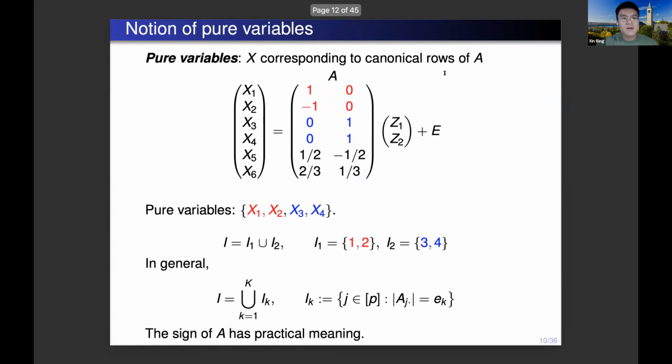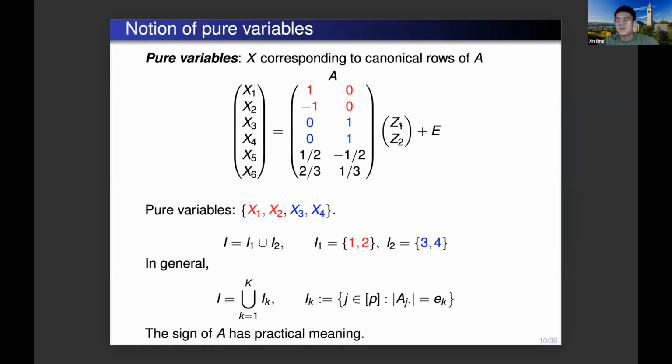So before moving on, I want to bring in another important notion, which is called the pure variables. The pure variables are basically the features that correspond to the canonical rows of A. So take the following example. Suppose we have 6 features, and because of the existence of canonical rows, we can name the pure variables in this example as x1 up to x4.